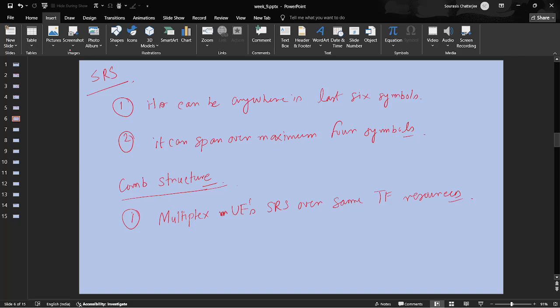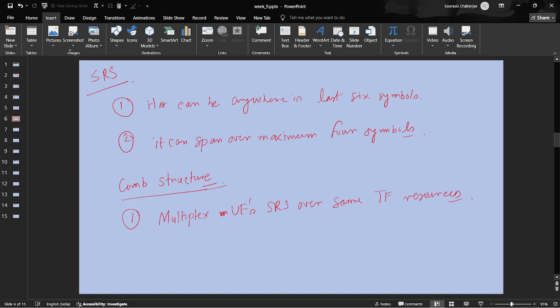Let's say I'm using a particular SRS over one symbol with a gap of 2 and offset 0, and another scenario with one symbol, gap of 4, offset again 0. How many users can I multiplex in both cases?